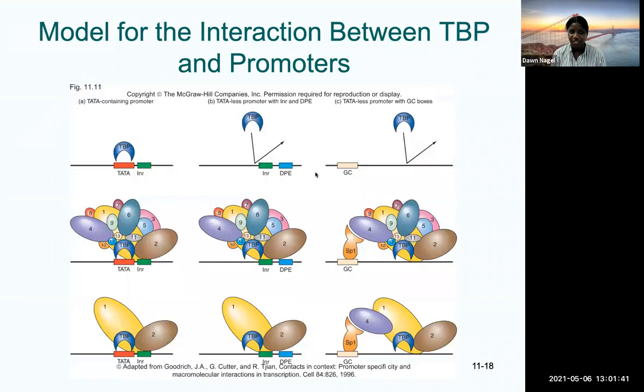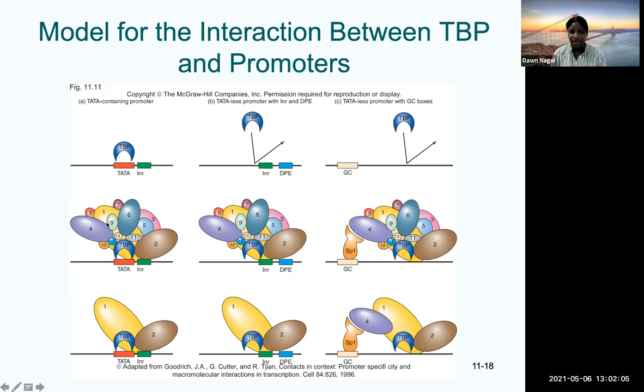And this is really just a schematic to summarize what we just talked about in terms of TBP and the role that they play in different types of promoters. So if you have a TATA-containing promoter, TBP binds, right? And then it recruits all these other subunits and complexes that are present.